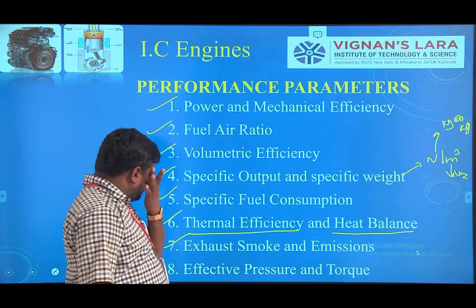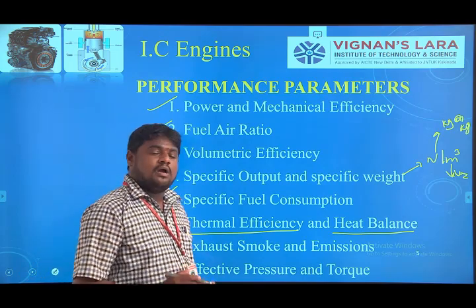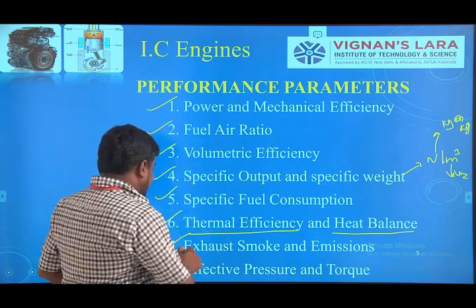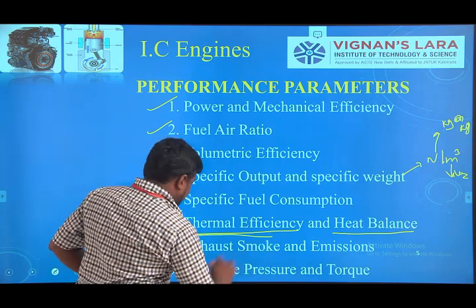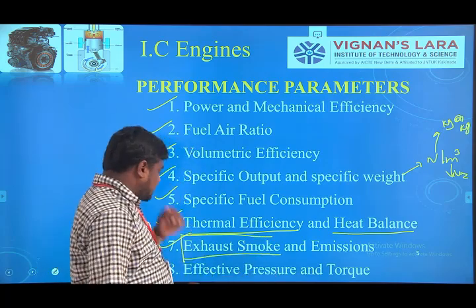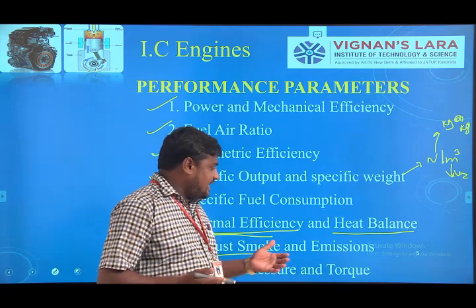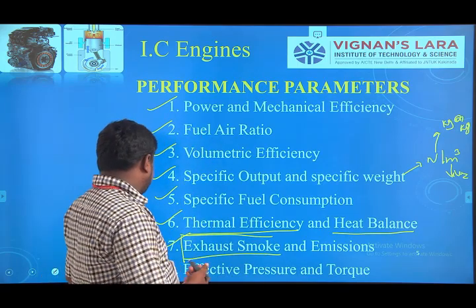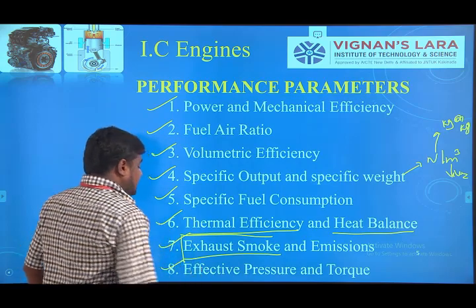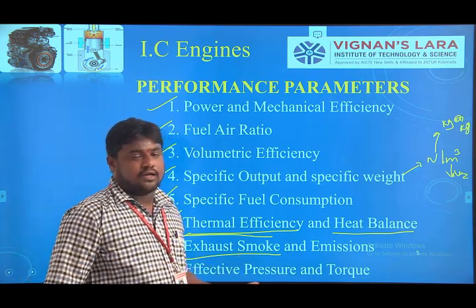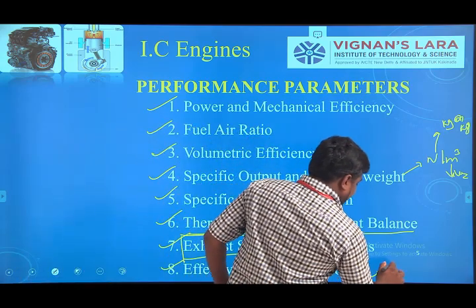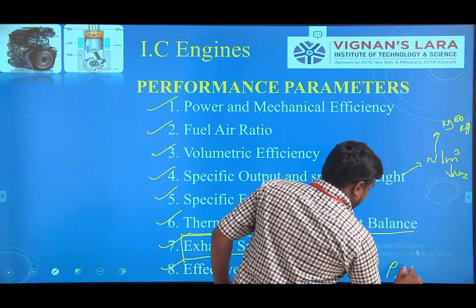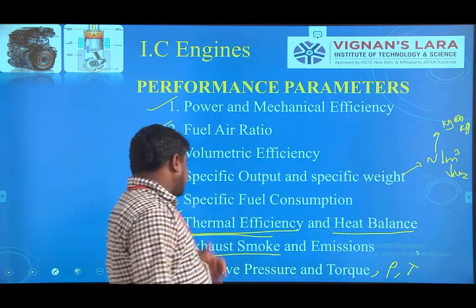The seventh point is exhaust smoke and emissions, that is, the percentage of exhaust smoke and emissions such as carbon dioxide and sulfur dioxide. The eighth point is effective pressure and torque. So what is the pressure?